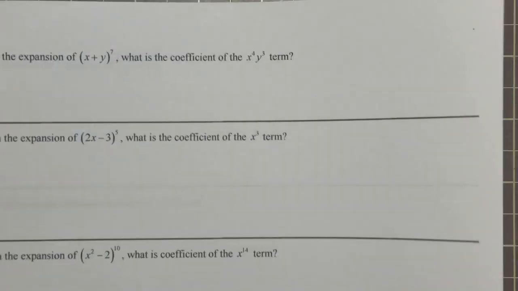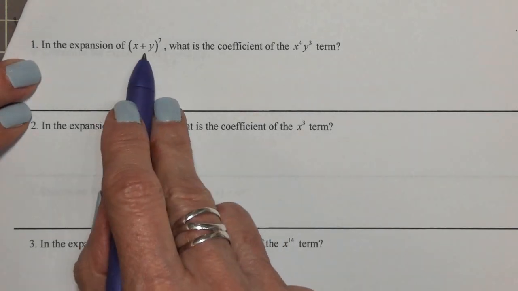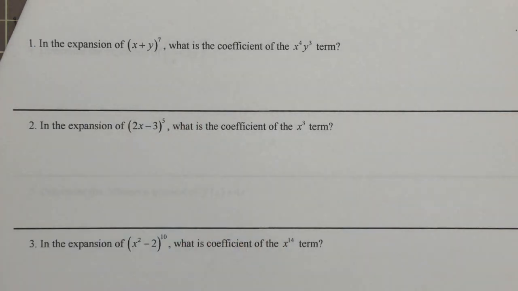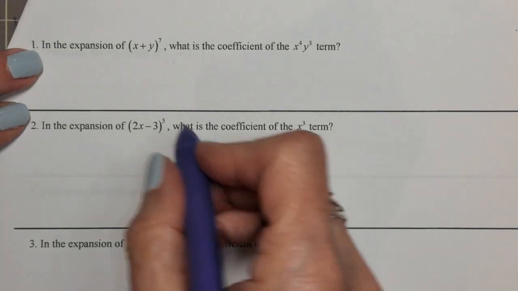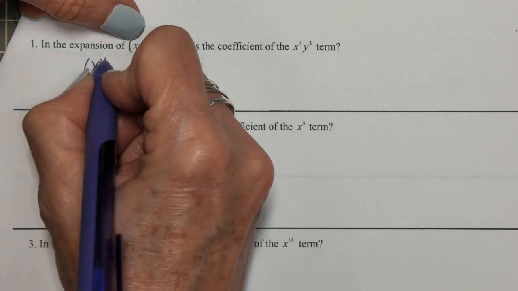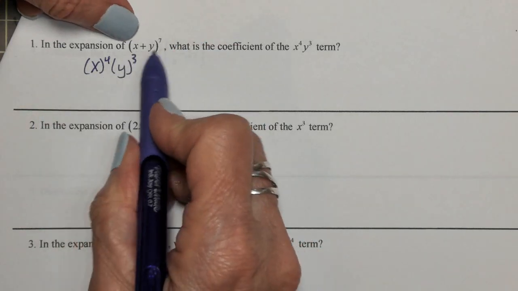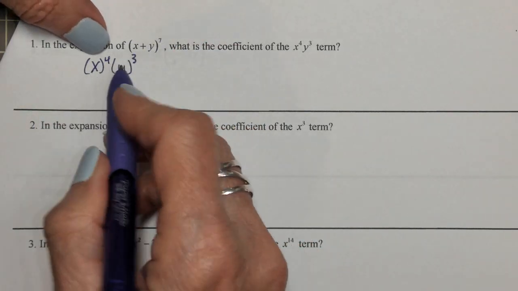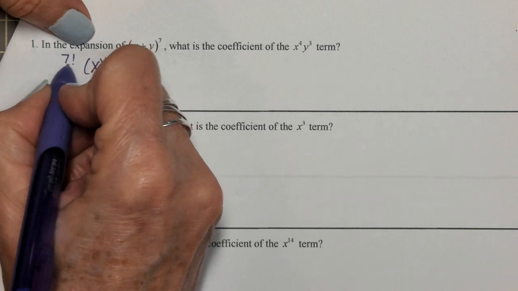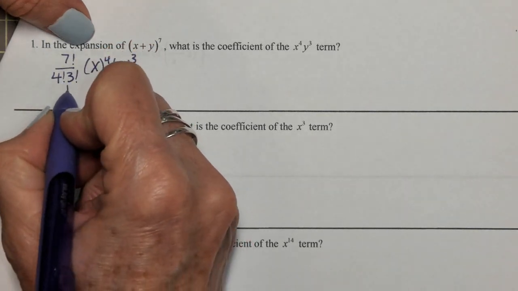All right, let's do some examples. In the expansion of x plus y to the 7, what is the coefficient of the x to the 4th y to the 3rd term? So we have x to the 4th and y to the 3rd in this expansion. Well, the coefficient will be 7 factorial over 4 factorial times 3 factorial.